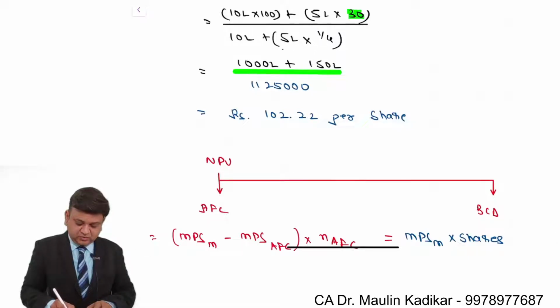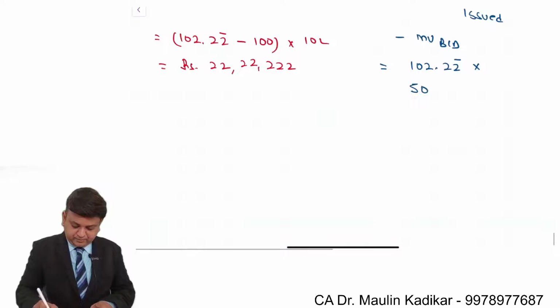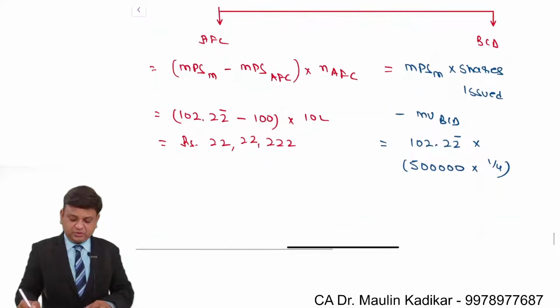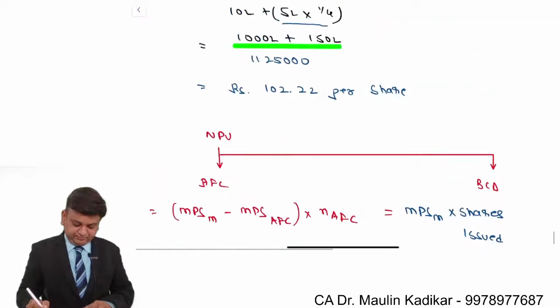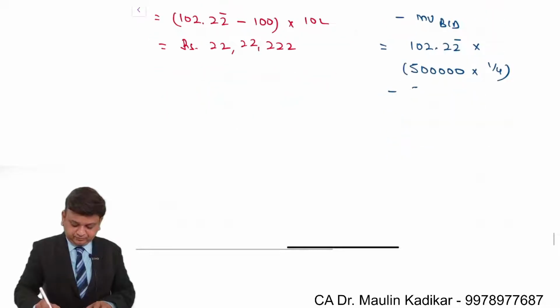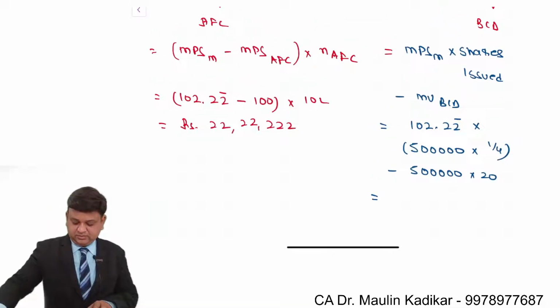Okay, 5 lakhs into 1 by 4. So this is the market value attributable to the shareholders of the target company, minus 5 lakh into 20.